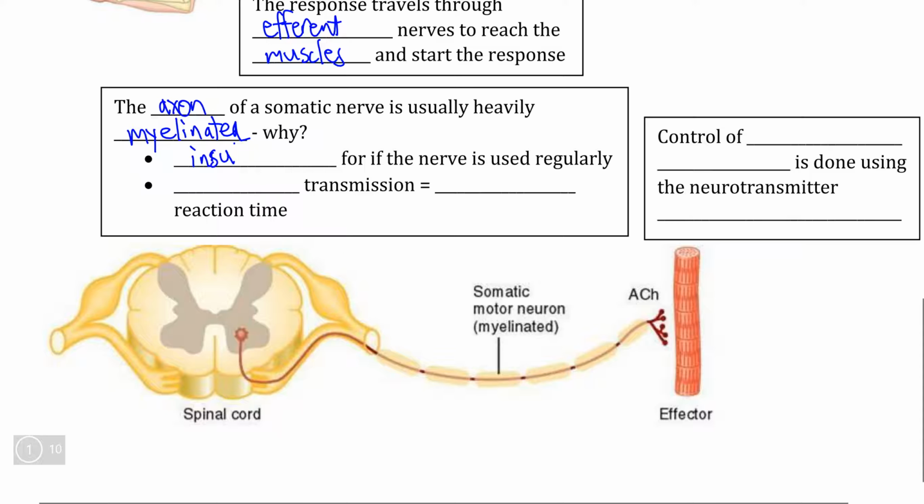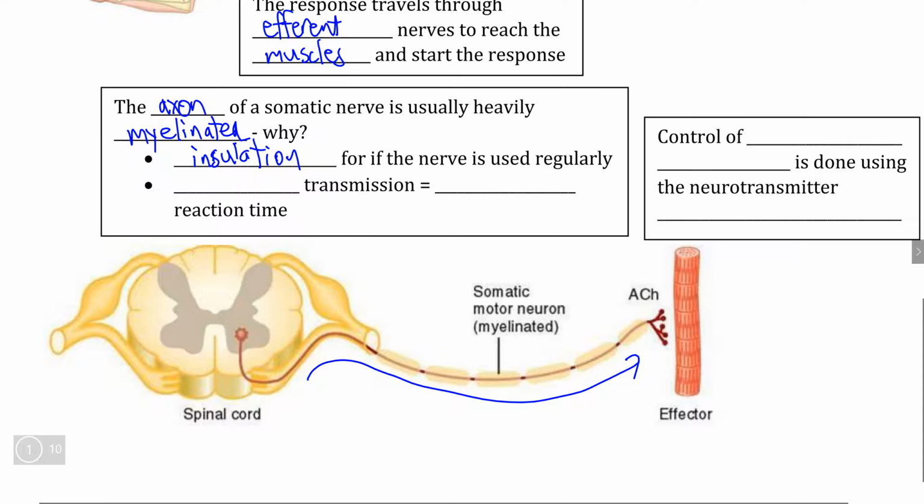The first function, most obviously, is insulation for the nerve, because especially if this muscle is one of the ones that we use on a daily basis, there's going to be action potential moving down this nerve multiple times every single day, possibly every single minute. And this means that it's very important to insulate the structure of the nerve to prevent any electrical damage that occurs because of large concentrations of ion flow in and out of the nerve.